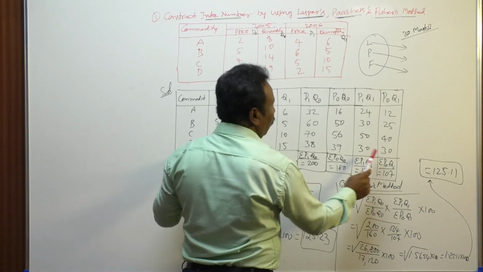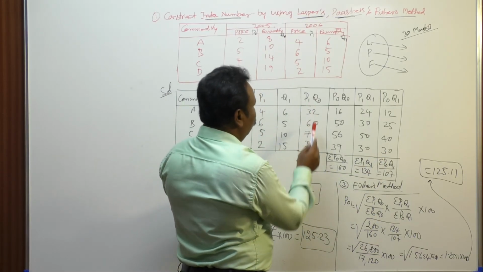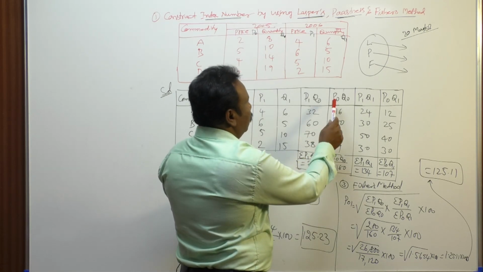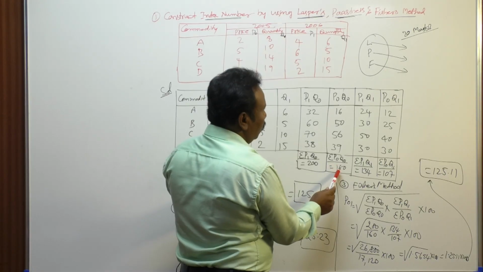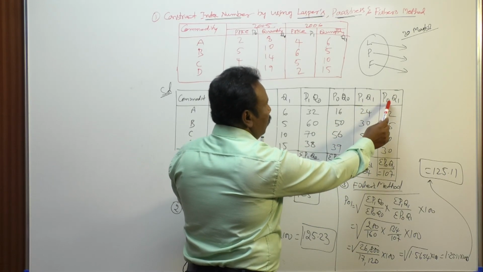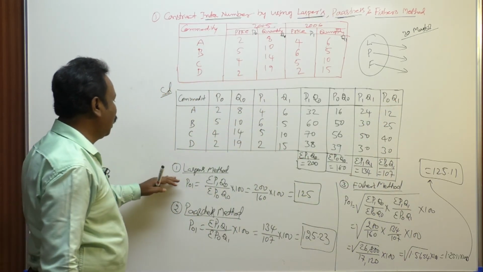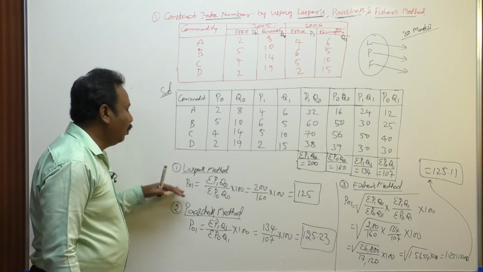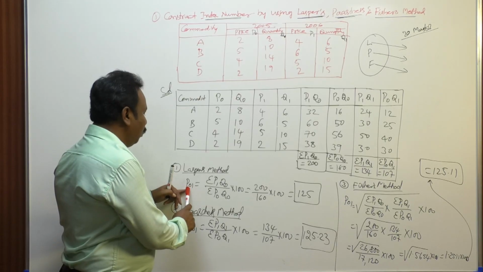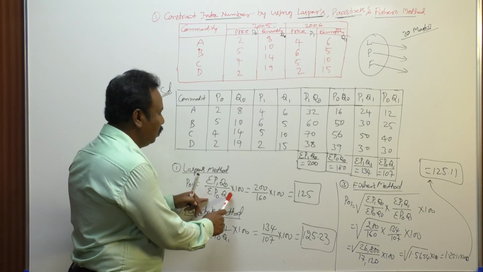Take the summation: sigma P1 Q0 equals 200, summation of P0 Q0 is 160, summation of P1 Q1 is 134, summation of P0 Q1 is 107. Based on that, to calculate the index value under Laspeyres' method, P01 equals sigma P1 Q0 divided by sigma P0 Q0 into 100.